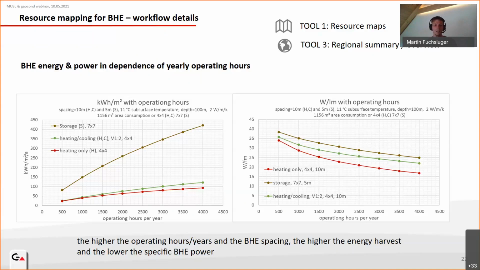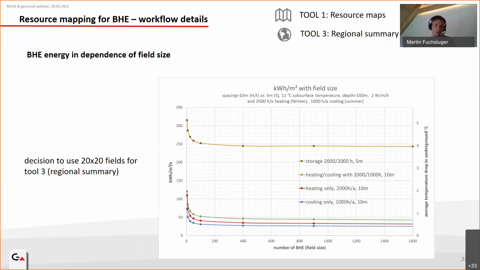That means the higher the operating hours per year, the higher the energy. The lower the spacing, the higher the energy harvest. But on the other hand, the lower the specific power. That means the specific power gets down to 20 watts per linear meter if you have much operation time per year.